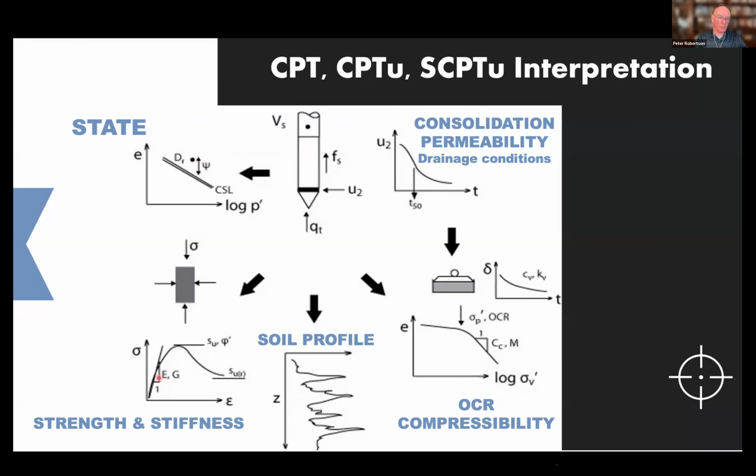You can get the stiffness of the soil, the Young's modulus, the shear modulus. And of course, you can get consolidation parameters, the pre-consolidation pressure, the compression index, as well as the coefficient of consolidation from dissipation tests. And you get the in situ drainage conditions, whether the cone is being pushed in drained, or undrained in a clay, or partially drained. So you can determine all of those things.